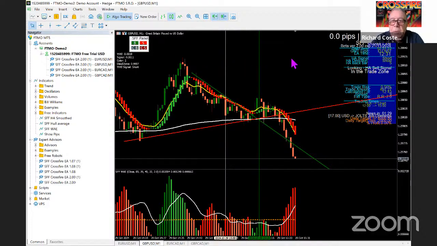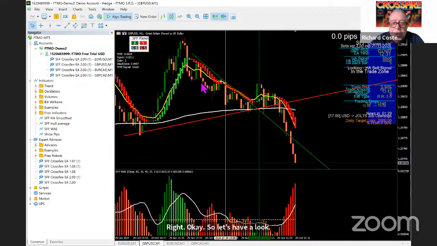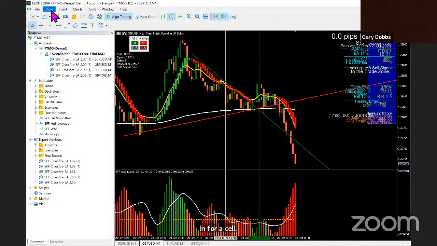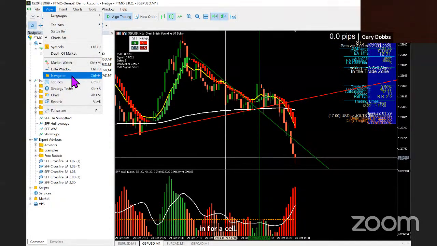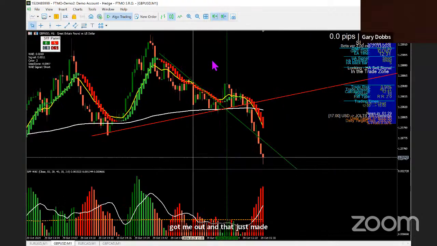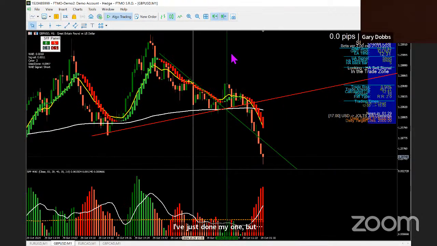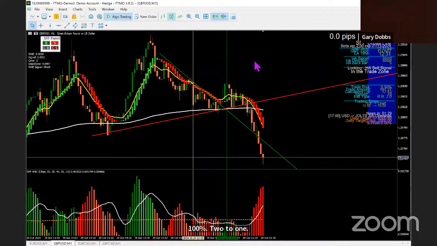Right, okay, so let's have a look. On the face of it, that should be in for a sell. The Euro USD is just clocked me out, and that's just done my 1%, 2-1, and the others are still running. The Euro CAD is getting there.